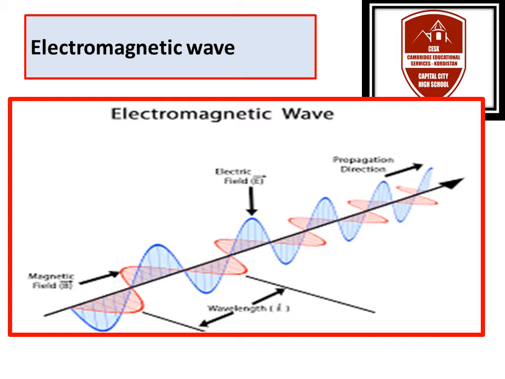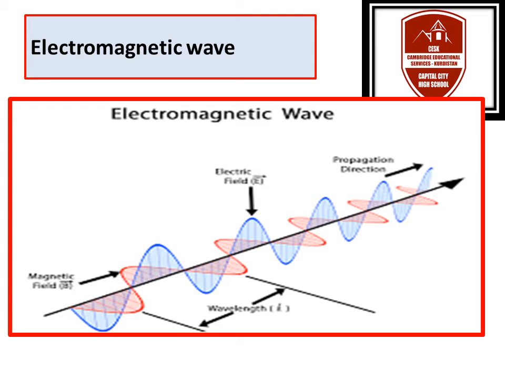Here, electromagnetic wave. Why do we say electromagnetic wave? Look here in this graph, you will observe two waves, one wave red color, the other wave blue color.